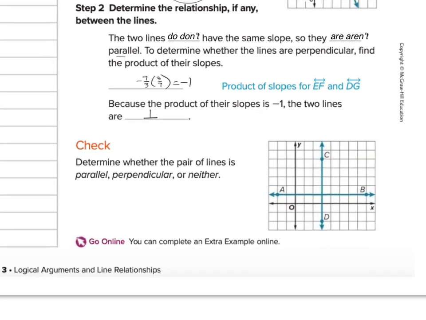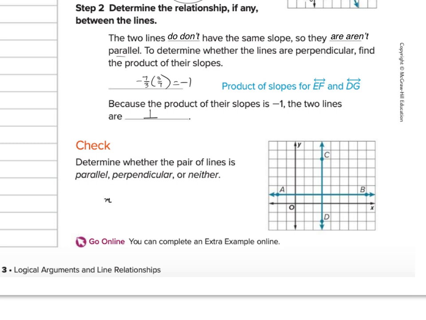So here, in this check, we'll just keep going. Determine whether these two lines are parallel, perpendicular, or neither. And I would say, some things that we have to say is like, this is a horizontal line, and this is a vertical line. And if I were to, I'm going to do the slope formula here. I'm going to just count my slope.